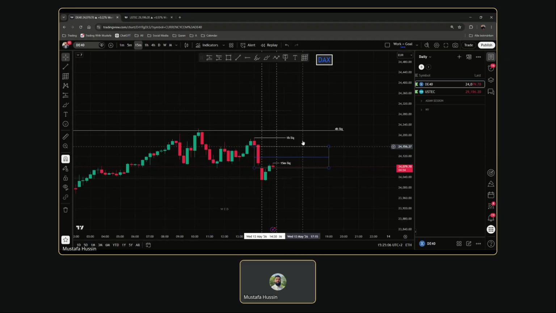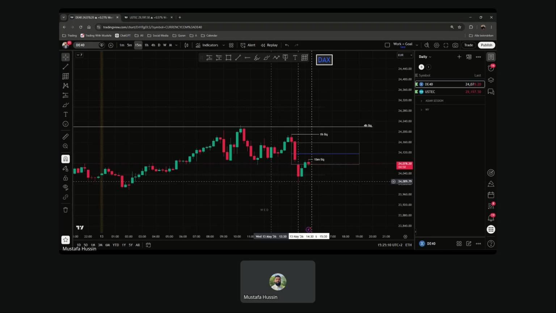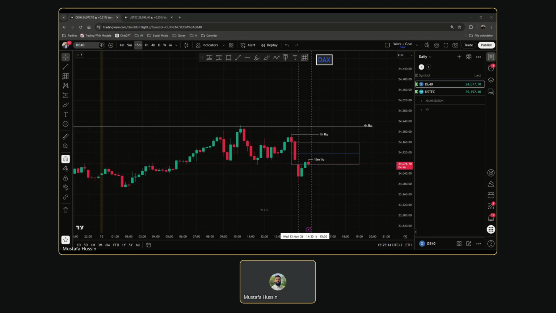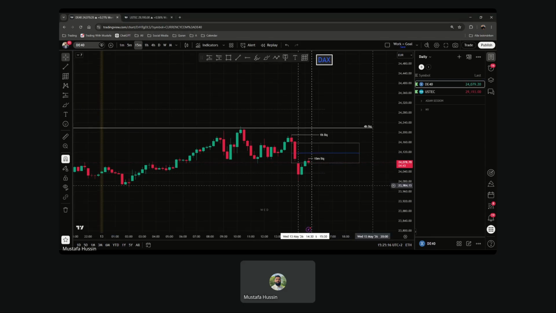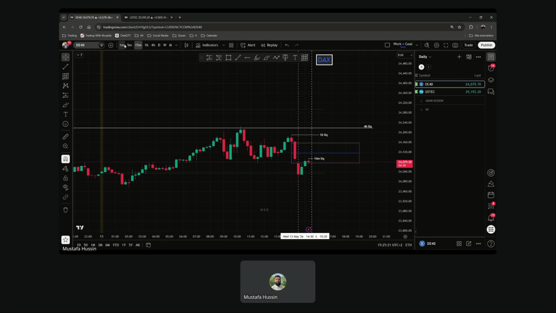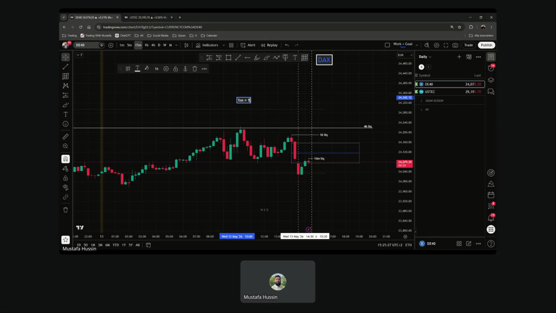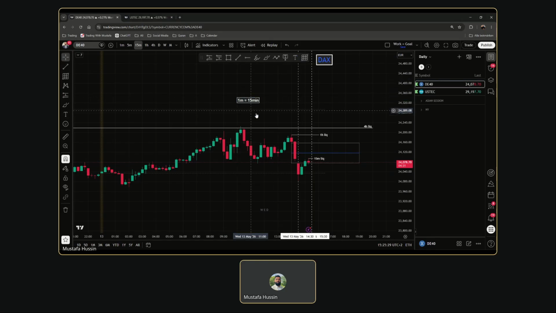So if you just look at the 1-minute model, you can just take it out of the 1-minute phase to the 15-minute phase. So the 1 minute equals 15 minutes in the higher time frames.